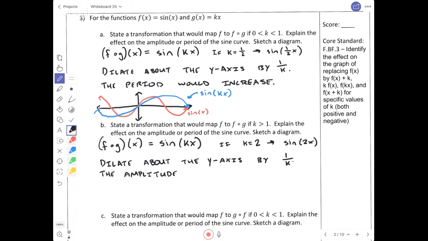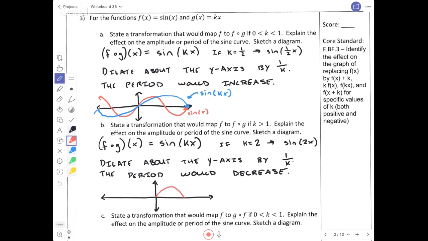Hi, Lindy. And it's still the period that would change. The period would, in this case, decrease. Okay, so x-axis, and here's my original graph of sine of x.